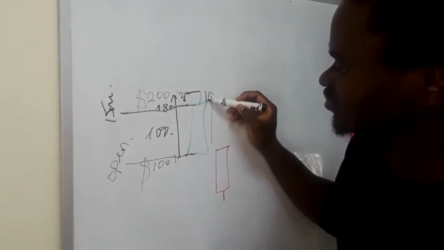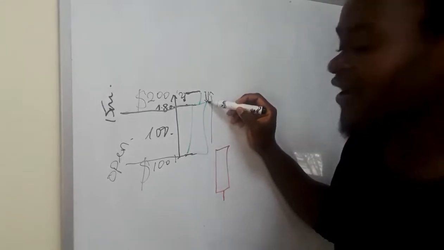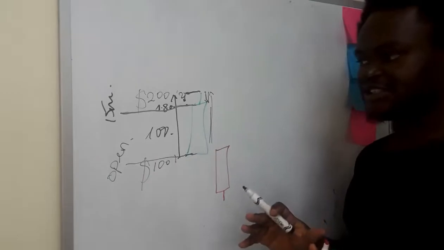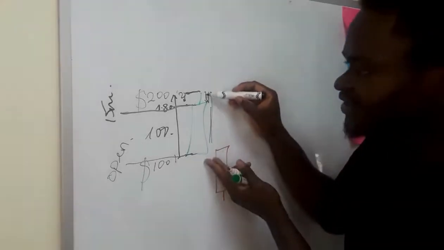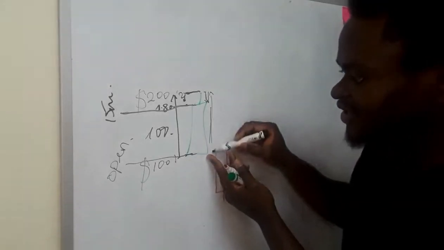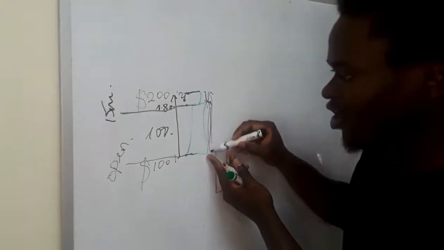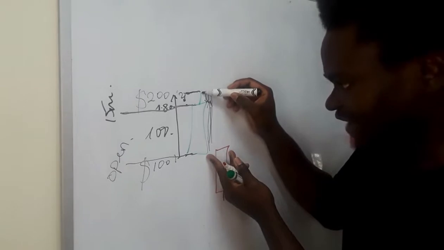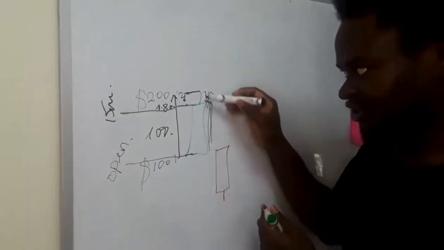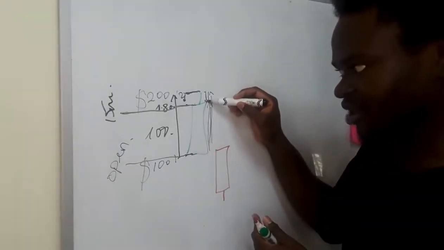And as the sellers were pushing down the price, they were caught up with time. So that is it. So here the buyers are still winning because they have a very big body, indicating that there was more buying pressure here than here. Because here the sellers just pushed down the price to here.